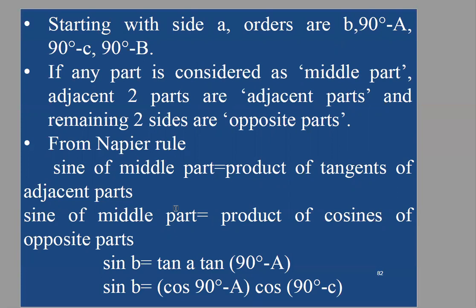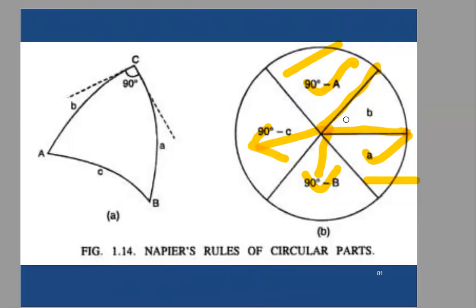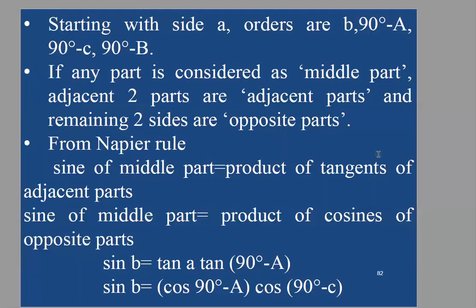That is, suppose for b, sine of b is equal to tan of a multiplied with tan of 90 minus A.